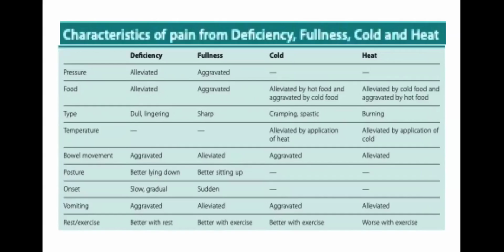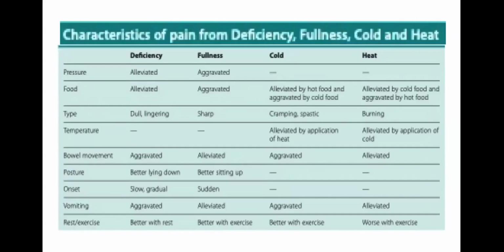Food will alleviate the pain resulting from deficiency, and the pain is aggravated by food if this is due to fullness. If the pain is due to cold, hot food will cause an alleviation, and cold food will aggravate it. If the pain is due to heat, cold food will alleviate the pain, and hot food will aggravate it.